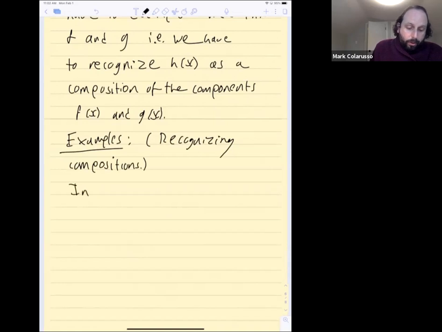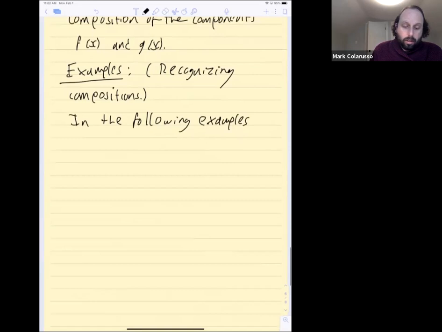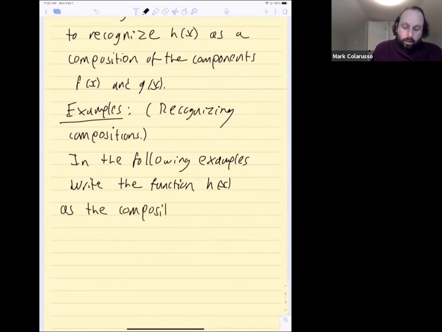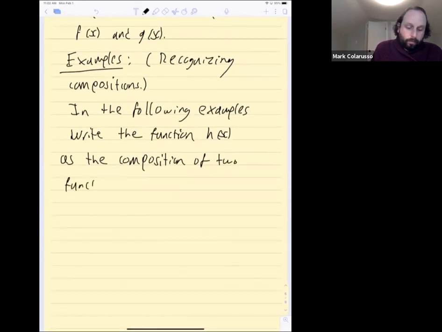So in the following examples, write the function h at x as the composition of two functions, f and g.